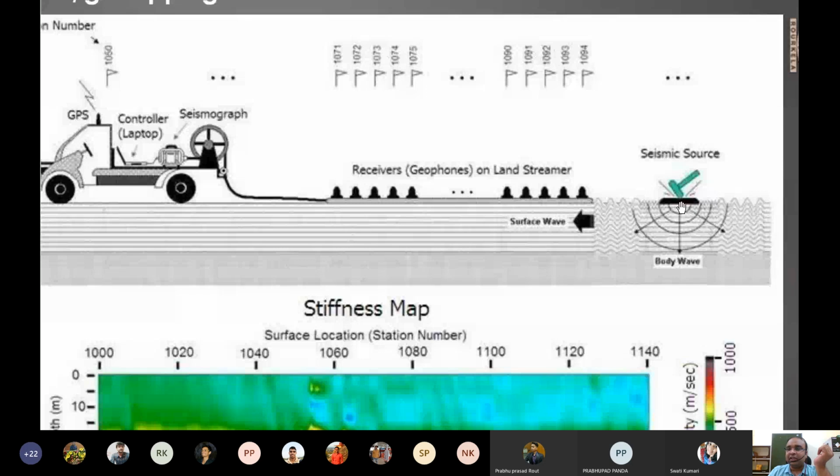Now, the vibration that is created can depend on what kind of soil or material we are recording, how far away the recordings are to be done, and what kind of intensity we need for the analysis. So it can be as simple as striking a hammer on the ground.